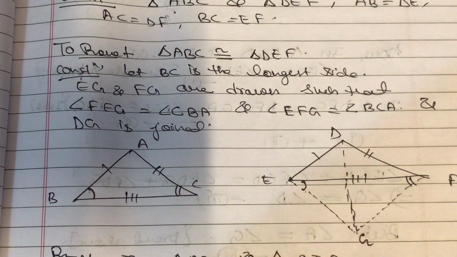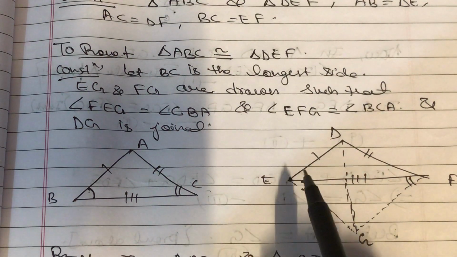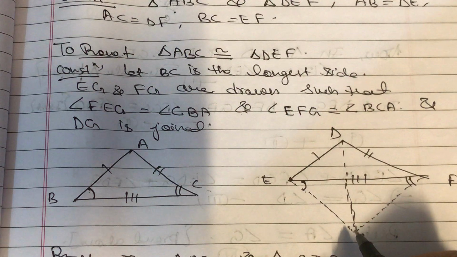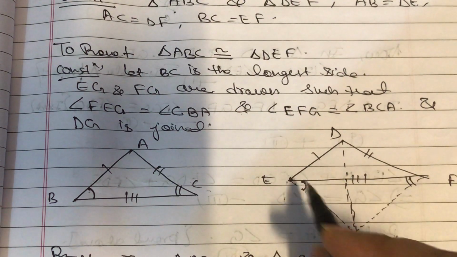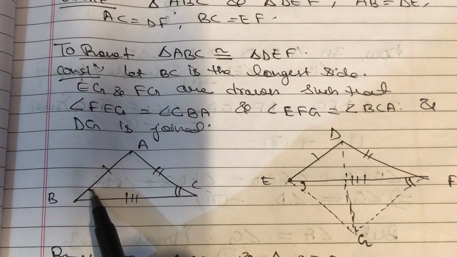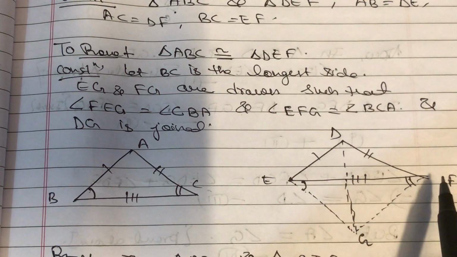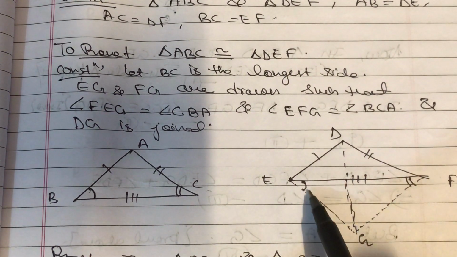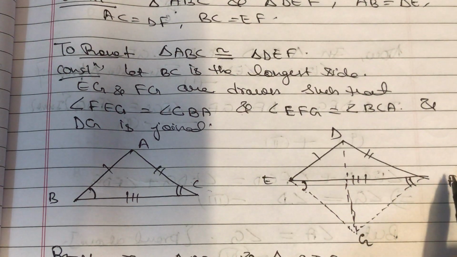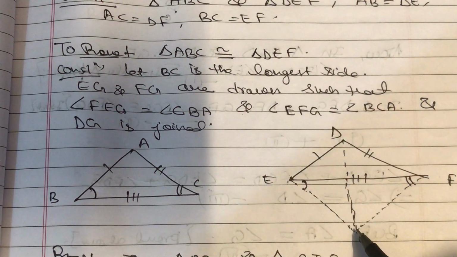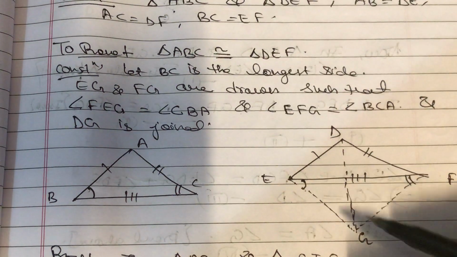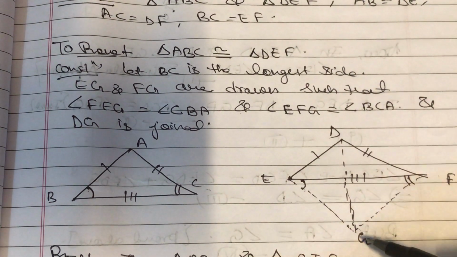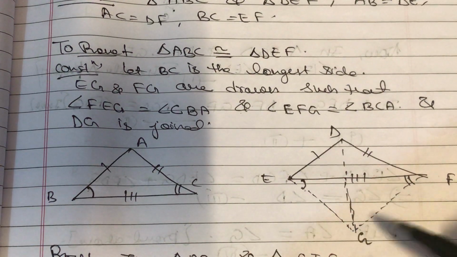Then I will draw EG and FG such that angle FEG is equal to angle B and angle EFG is equal to angle C. This is my construction, and both EG and FG are meeting at G. Also I'll join DG. So these are the constructions which I have made.